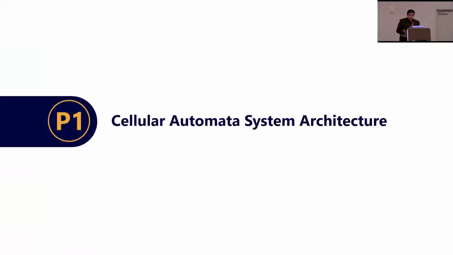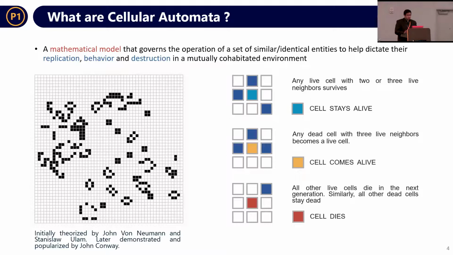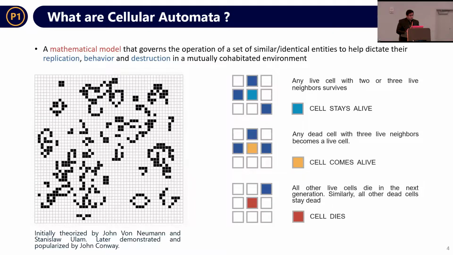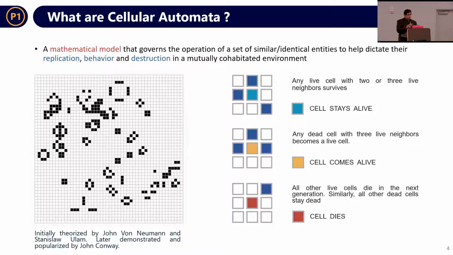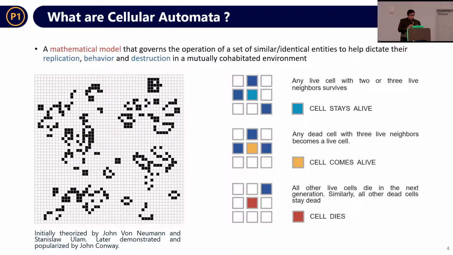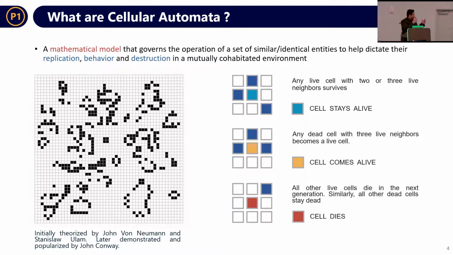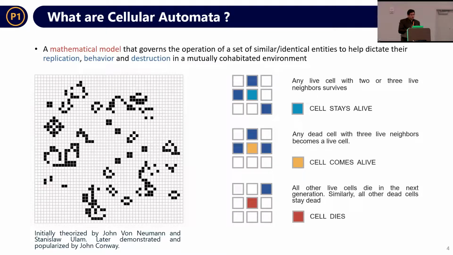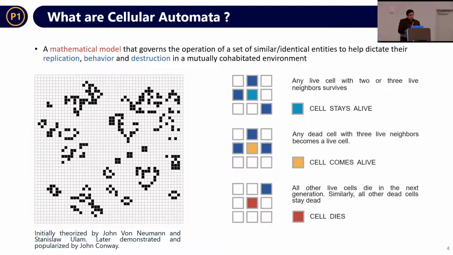So section 1, which is the cellular automata system itself. A quick introduction to what cellular automata are. Essentially, they can be defined as a mathematical model that governs a set of operations of similar and identical entities to help dictate the replication, the behavior, the instruction within a mutually cohabitated environment.